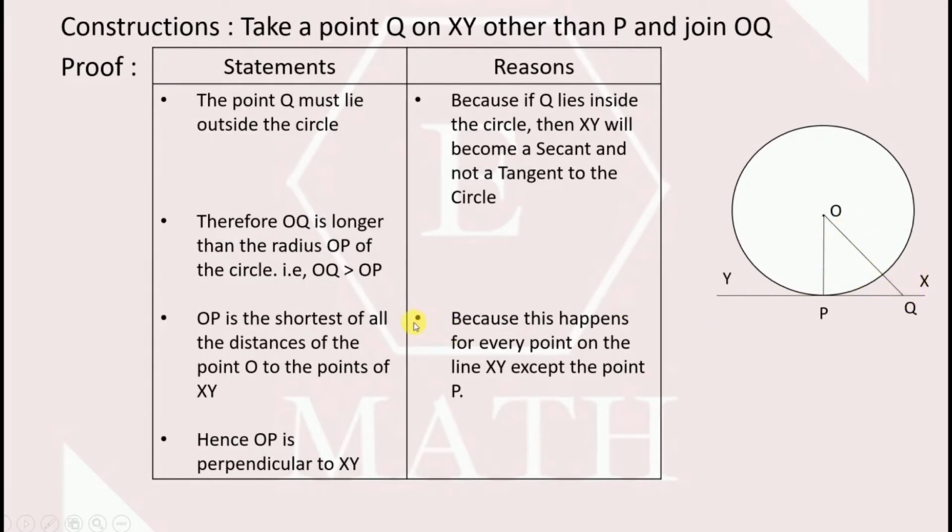So we can easily say that OP is perpendicular to XY. Since OP is the shortest of all the distances of the point O to the points of XY, we conclude that OP will always be perpendicular to XY. So this completes the proof.